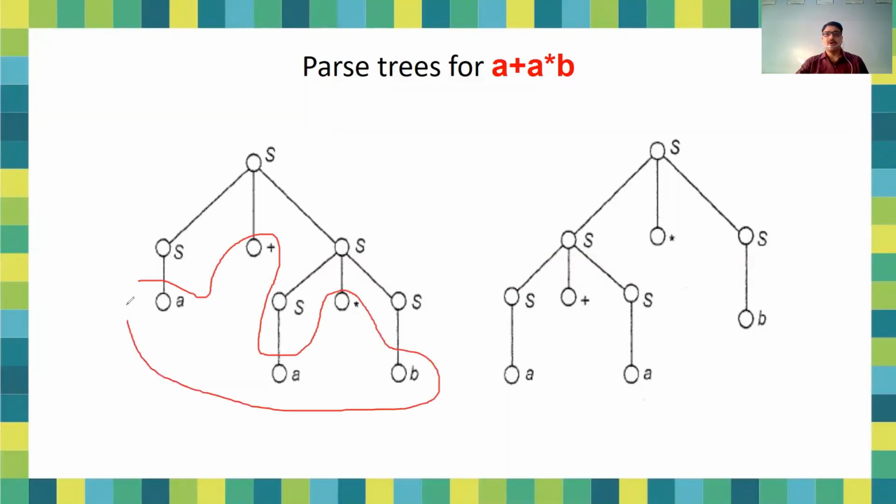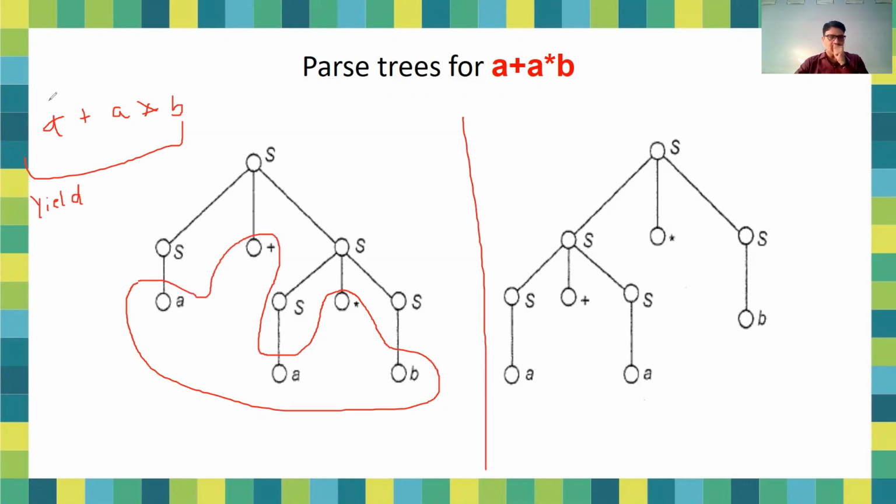If we concatenate all the leaf nodes from left to right, in this situation a + a * b, you can find the string. This string is called the yield of the parse tree. So this is one parse tree that will produce a + a * b.